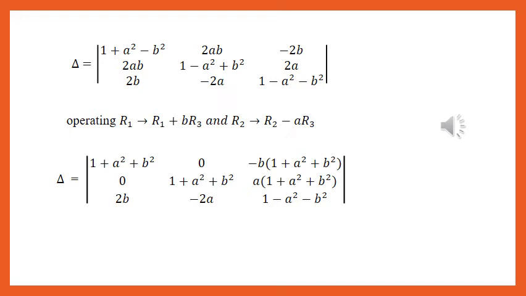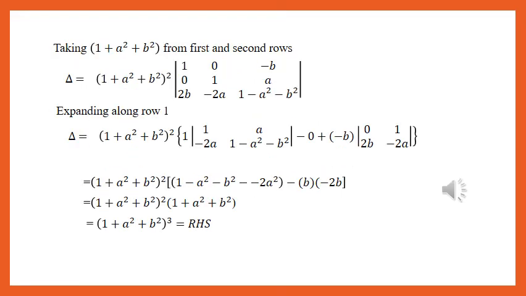Now, we can see in row 1, 1 plus a square plus b square is common. R2 also has 1 plus a square plus b square common. So we can take 1 plus a square plus b square into 1 plus a square plus b square as common from R1 and R2. So 1 plus a square plus b square, the whole square, is now outside. Now the rest of the part you know.